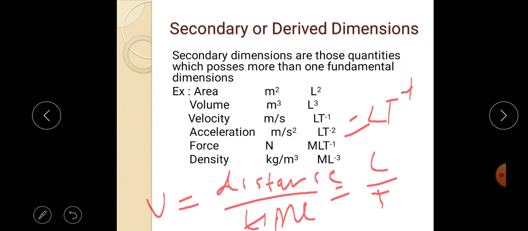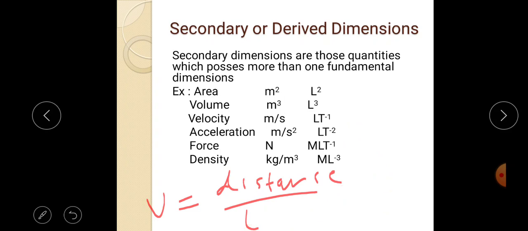Alright. Similarly, acceleration is velocity per unit time, so LT minus 1 divided by T, so it will be LT minus 2. And for force, the formula of force is F is equal to ma, where m is the mass and a is the acceleration.